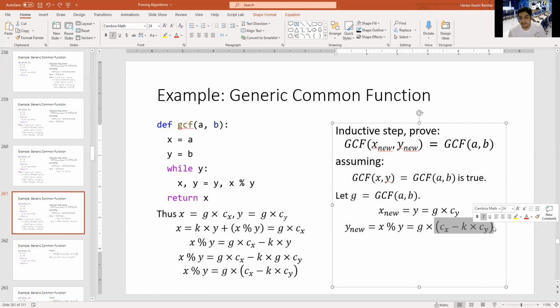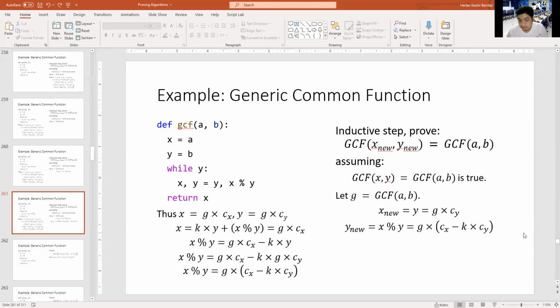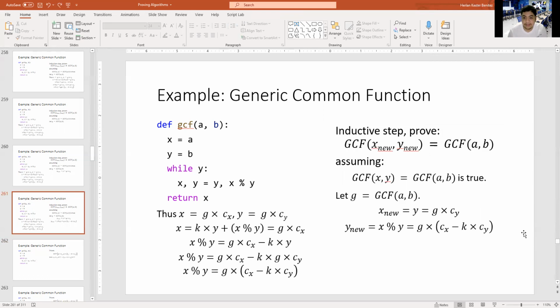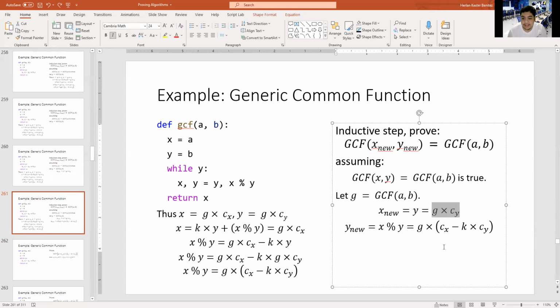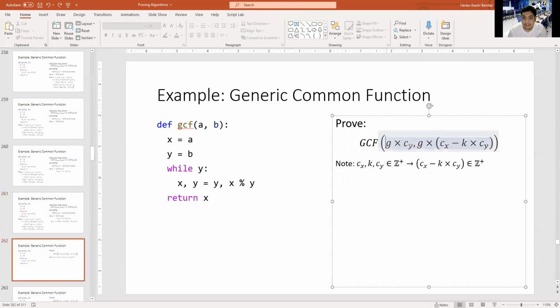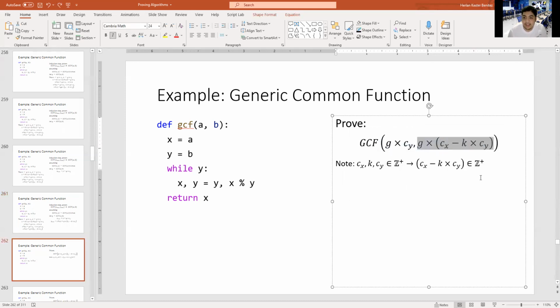So, hopefully nakasunod pa kayo. After nito, ayun. So, basically, replace ko lang yung x new at saka y new with g times cy and g times cx minus k times cy. So, nireplace ko lang siya dito. And, of course, note that yung mga c at saka k natin, lahat sila positive integers.